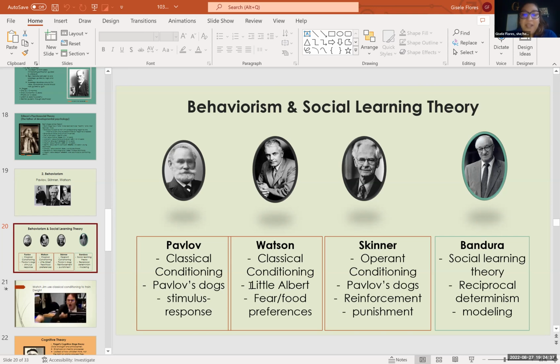And so he started to figure out that he could condition fear now without even the loud noise. Anytime that the child saw not only a white rabbit, but also anything white, so white beards, white paper, just anything that resembled that initial visual stimulus, the child would be terrified.